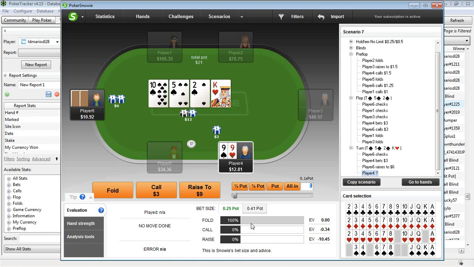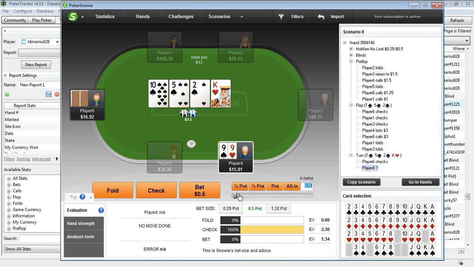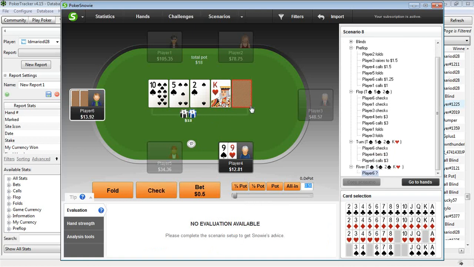And one more scenario. We bet. He calls. The 8 of clubs comes out.